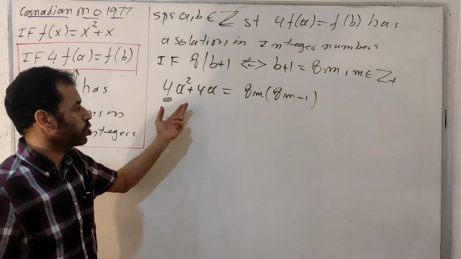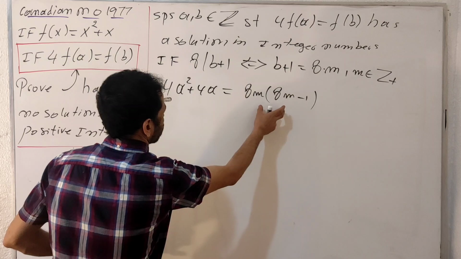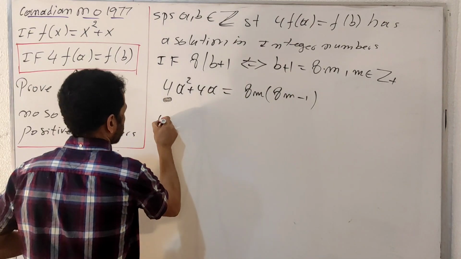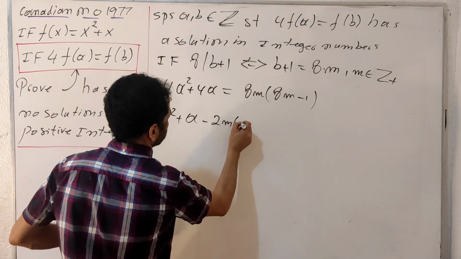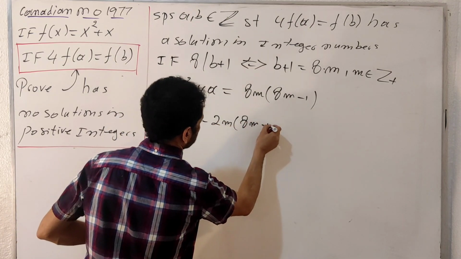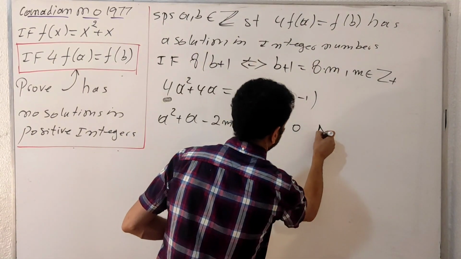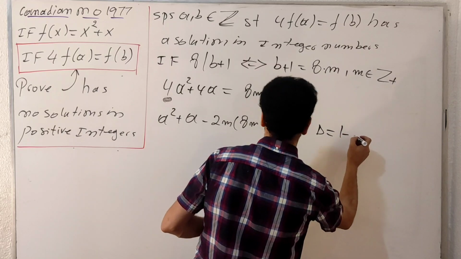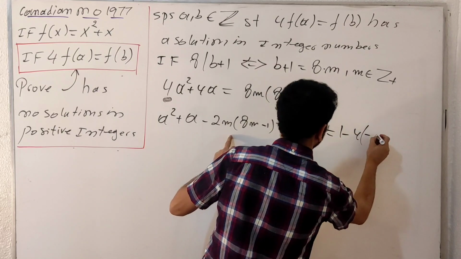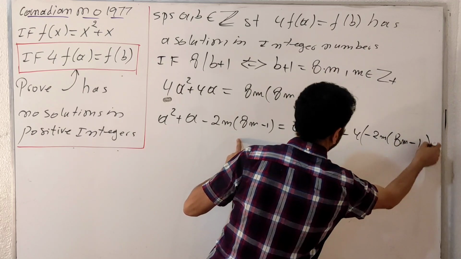I'm going to do the same thing by dividing both sides by 4 and moving these terms to the left. I will get a squared plus a minus 2m multiplied by (8m minus 1) equals 0. By calculating the discriminant, delta, we have 1 minus 4 times minus 2m multiplied by (8m minus 1).